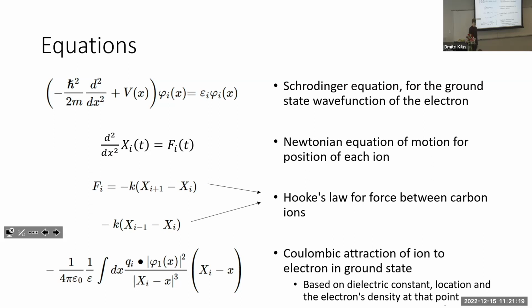Also, I forgot to mention, in this specific model we're using cis polyacetylene, and I arbitrarily set the code for there to be 16 carbon atoms.